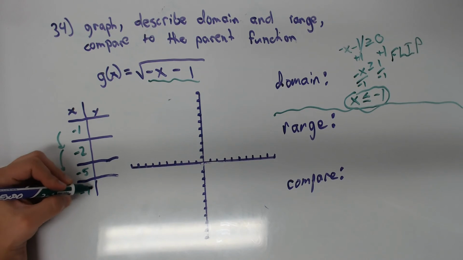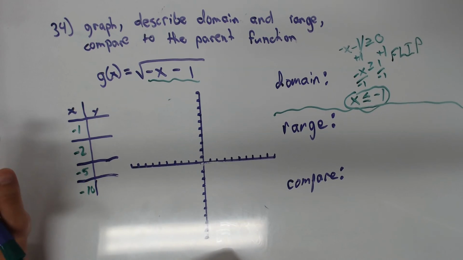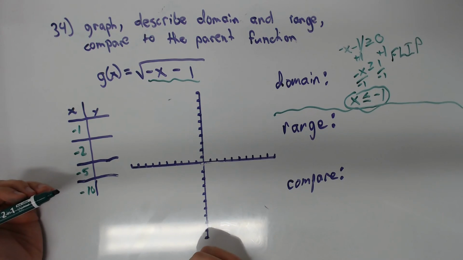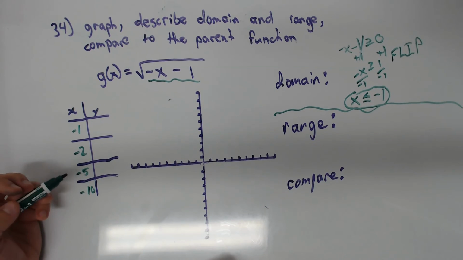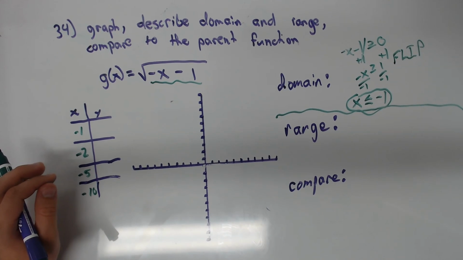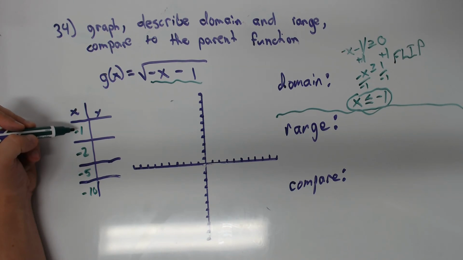So negative 10. All right, I'm choosing these numbers specifically because they're going to make perfect squares for me. You can just go in order. You're just going to get uglier decimals. That's where we got like our 1.4 and our 1.7 and stuff. But if you work your way up by things that are going to be perfect squares, you'll get prettier looking numbers. So now I got to plug these in.